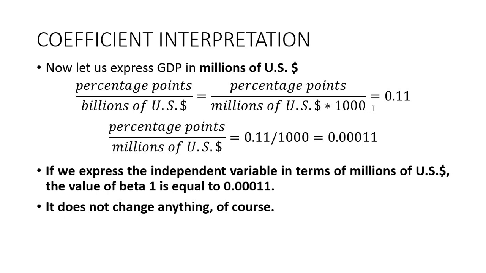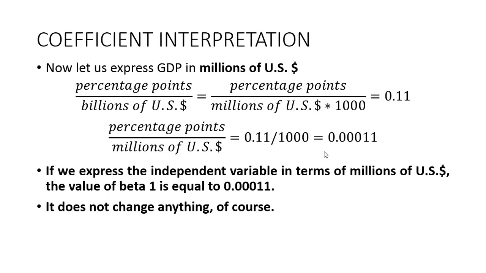And as you remember, this coefficient was equal to 0.11. So if you want to express the independent variable not in billions but in millions, it will be equivalent to dividing coefficient beta 1 by 1000.